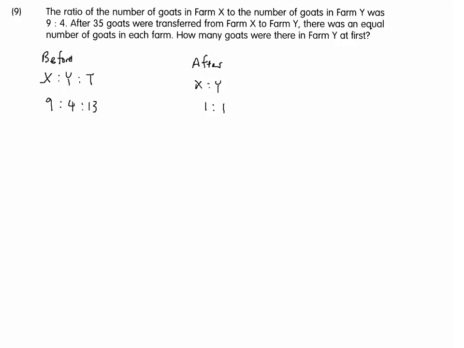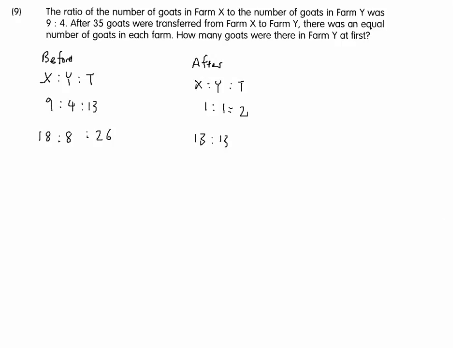So since the total remains unchanged, 13 and 2, what should I do next? Lowest common multiple, what's the lowest common multiple? 26. So I need to make it into 26. So I actually get 18 is to 8. Sorry, 13 is to 13 is to 26.